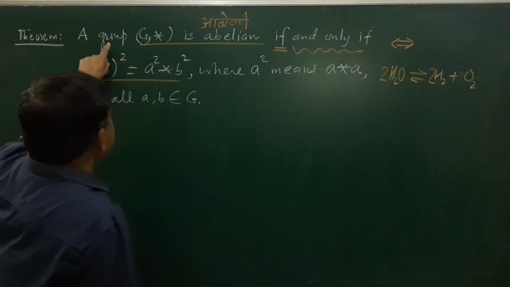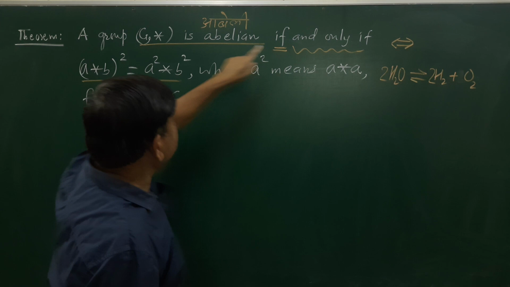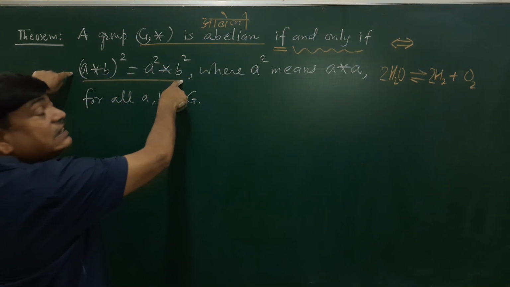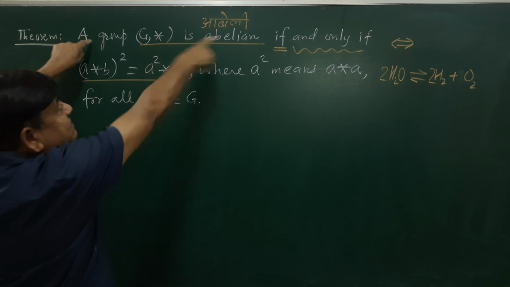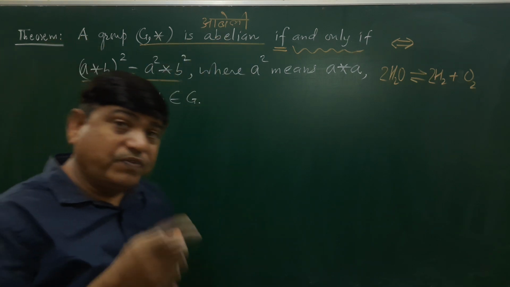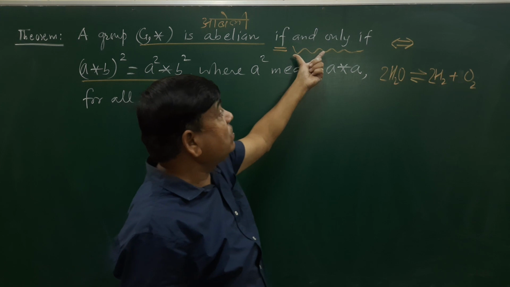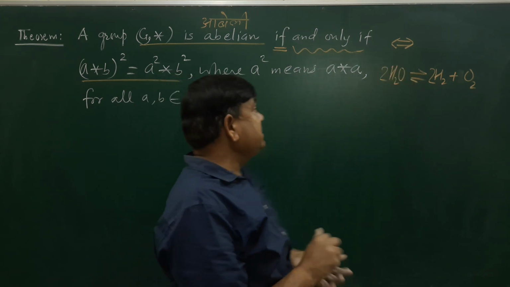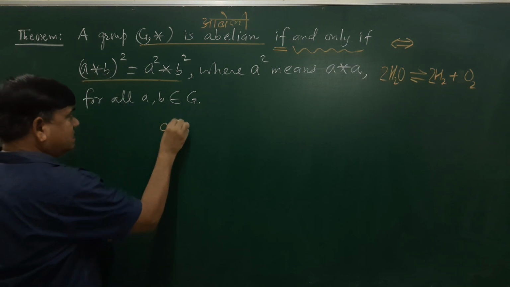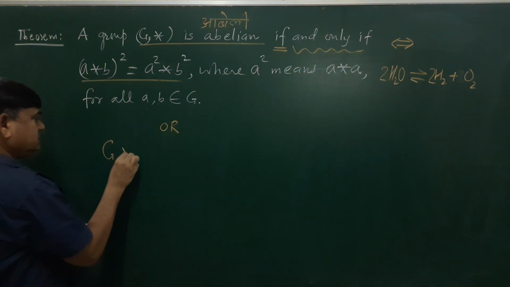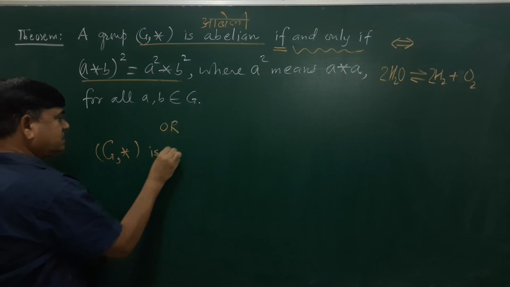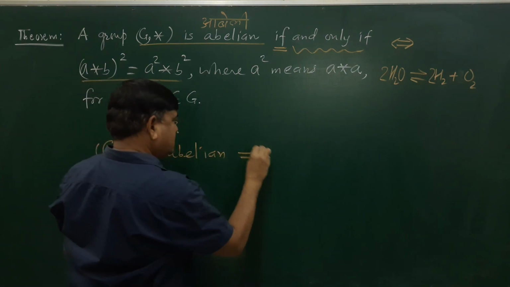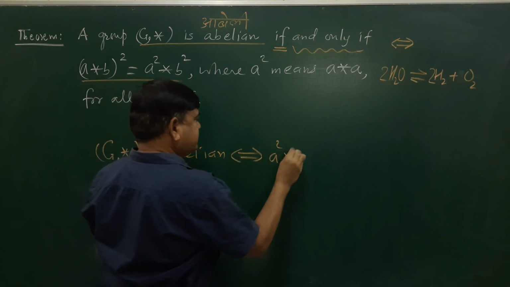It means G is abelian if this holds, and then reverse: if this holds, then G is abelian. So whenever you find the term if and only if, sometimes this symbol is given.